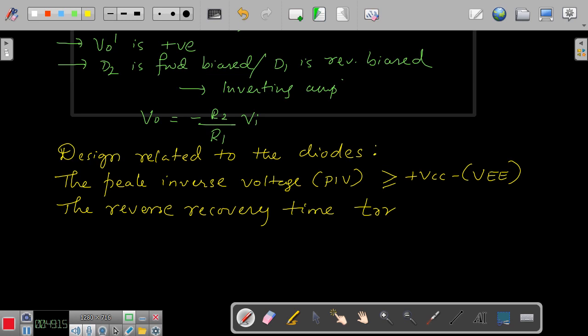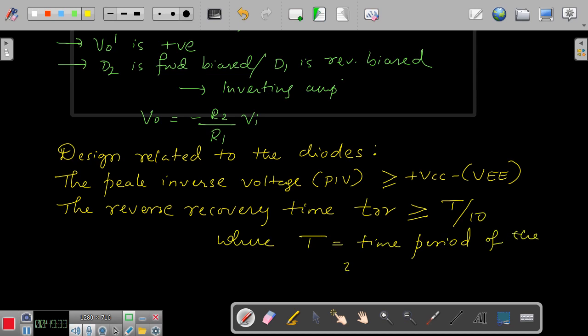So the reverse recovery time should always be equal to or less than T divided by 10, where T is the time period of the input signal. All other things will hold good as applicable to your inverting amplifier, but when it comes to the diodes, these 2 points are to be taken care of. Anyway, we will try to solve one example on this in our next class. That time it will be clear to you.